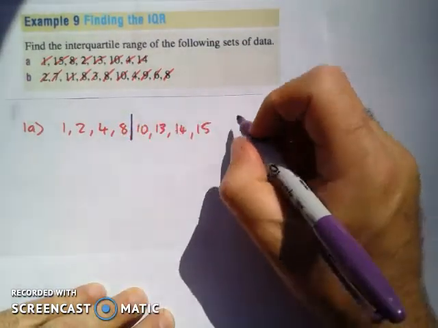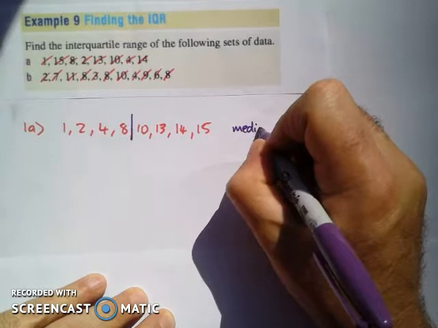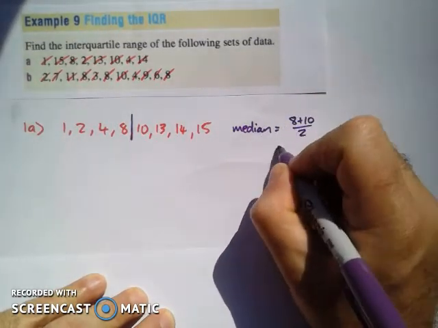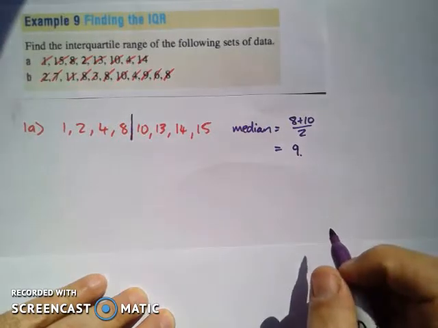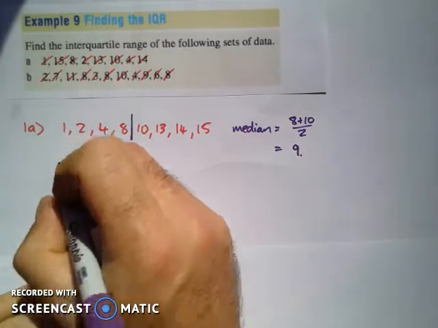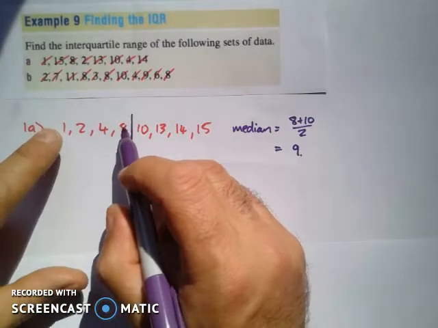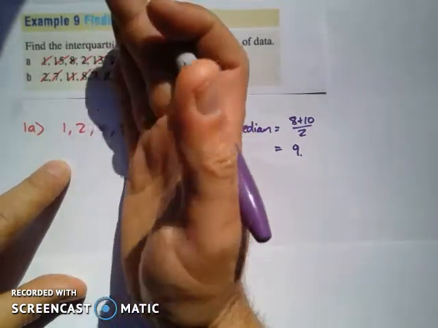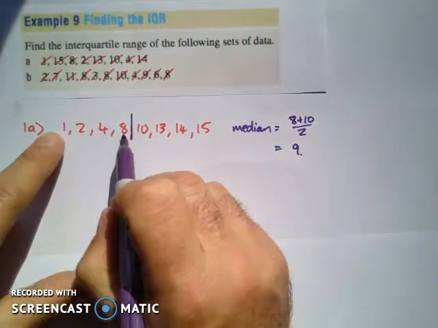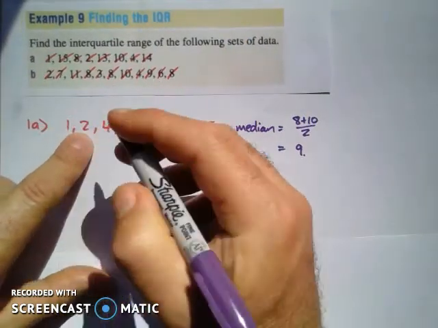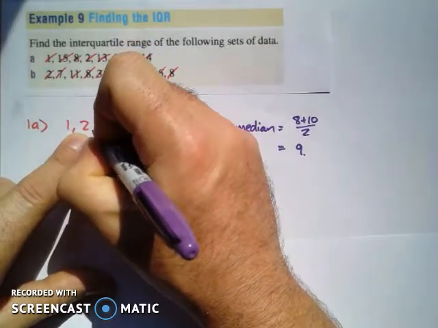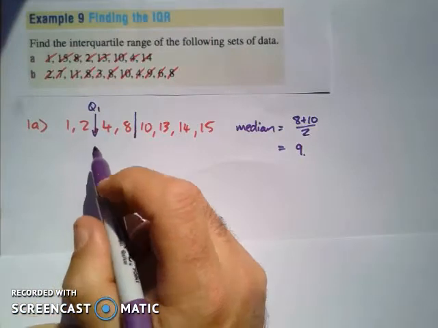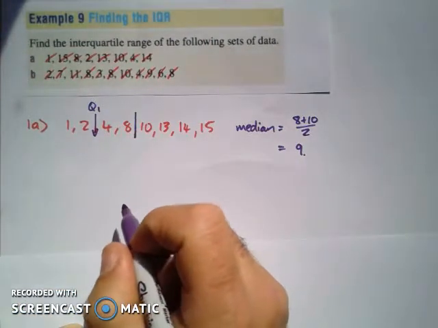If they ask me what the median would have been, it's 8 plus 10 divided by 2, so the median would have been 9. Now, if I want to know my lower quartile, I would find the middle of my bottom half of the values. So if this is the halfway, I have 4 values here, which means I count them in, and my lower quartile will be here. So Q1 will be here. If it's between 2 values, I'm just going to do the same as what I did previously.